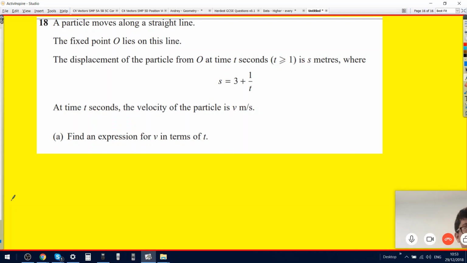So we basically have the number of meters here, and we need the meters per second. So 3 plus 1 over t, divided by t, I think, equals v.